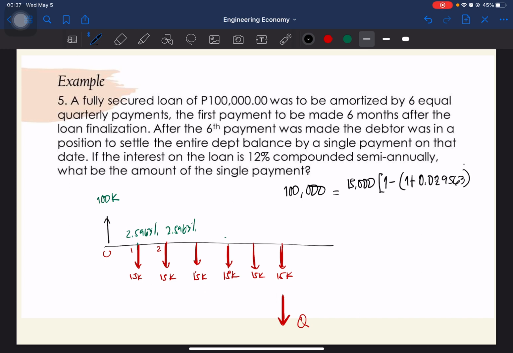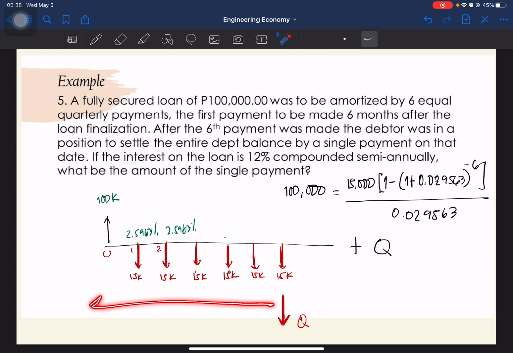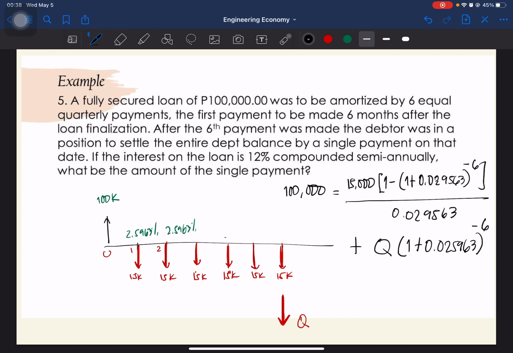Raised to negative 6, kasi 6 payments eh. Okay? Plus, yung Q. Siyempre, iatras natin yung Q for 6 quarters. Okay? So, times 1 plus i, compounding factor natin is 0.029563, iatras natin ng 6 na quarters. Okay? And this should give you the value of Q.